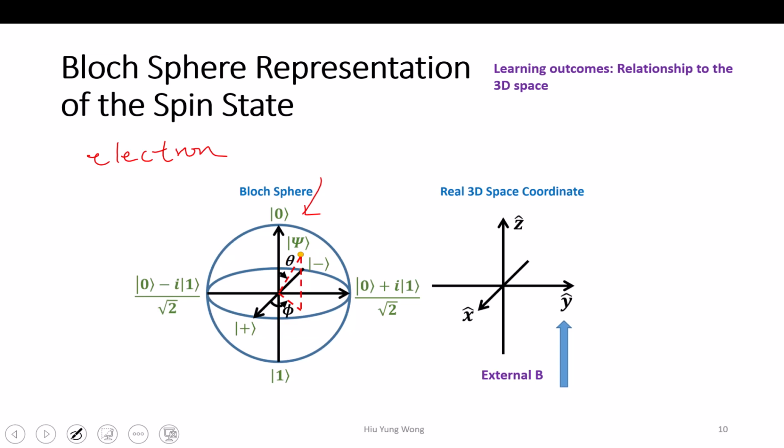This one is actually the spin up because it has higher energy, right? So it's up to you. You just need to be careful. I don't think it's necessary to say the top one is the excited state, but usually we want to do that, right? So in this case, this is the spin up state, and it is also the excited state. This is the spin down, and this is the ground state, right?